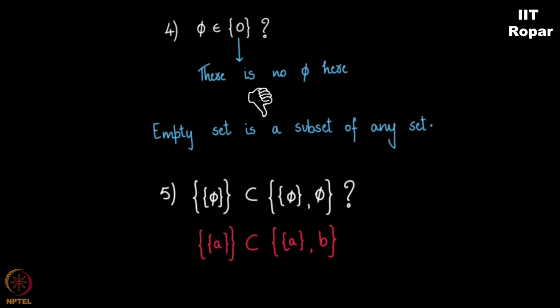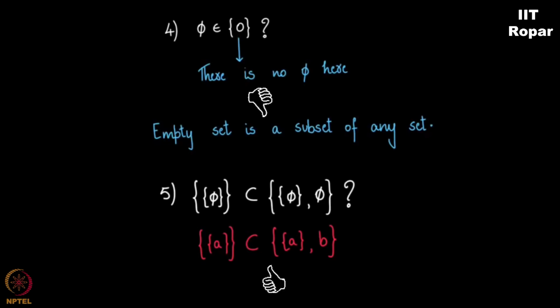This obviously is a subset of this set. So, on very similar grounds, the given question is indeed true. A set comprising of an empty set, that is an element within a set, is indeed a subset of a set containing null set and a null set.